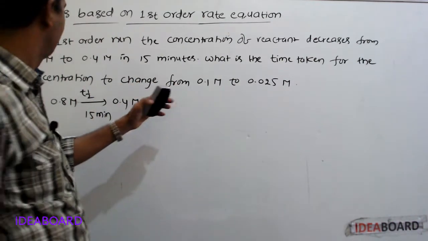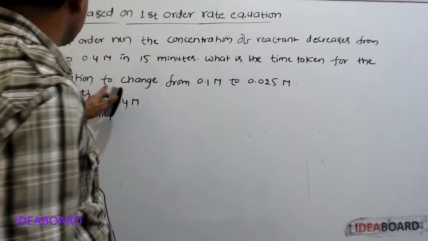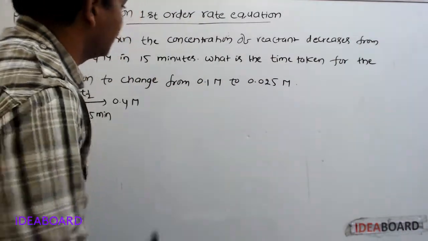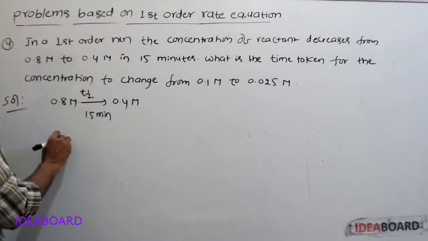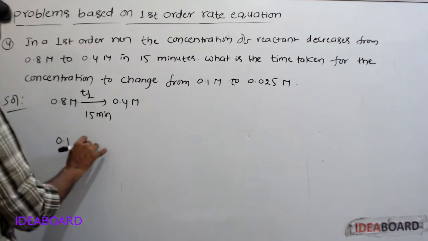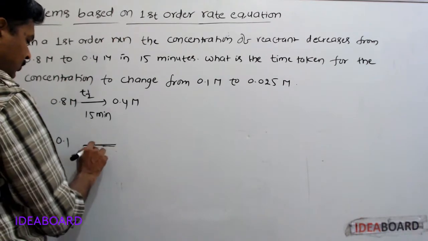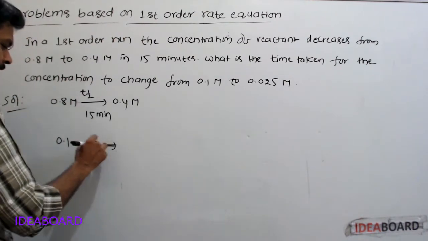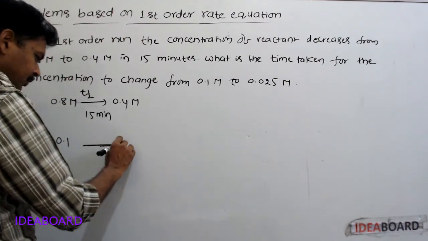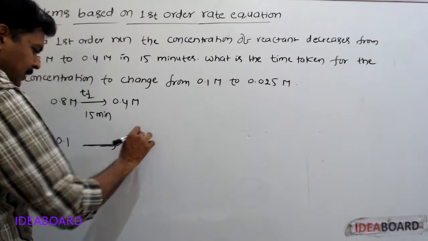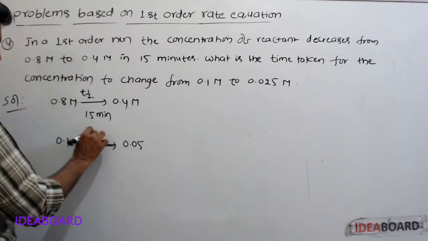Now we should calculate the time taken for the concentration to change from 0.1 molar to 0.025 molar. Half of 0.1 is 0.05. Here one half-life is there.